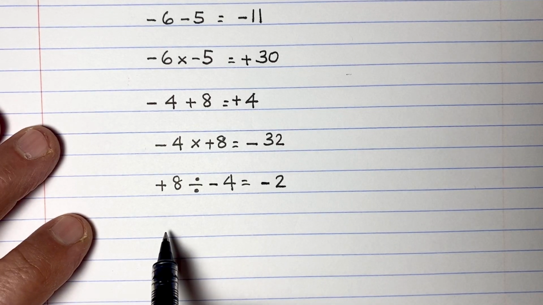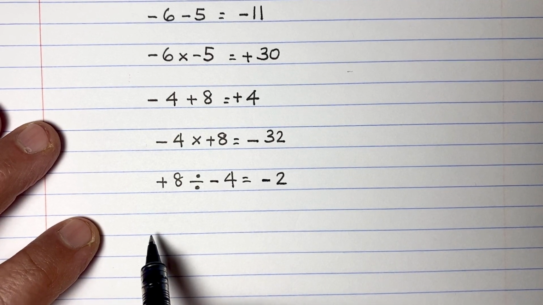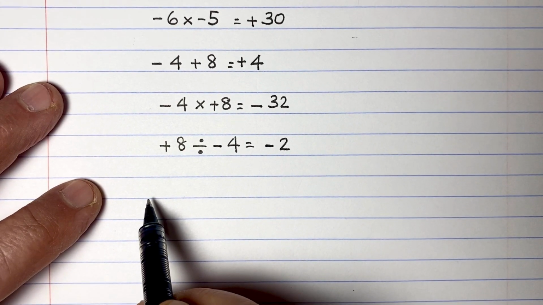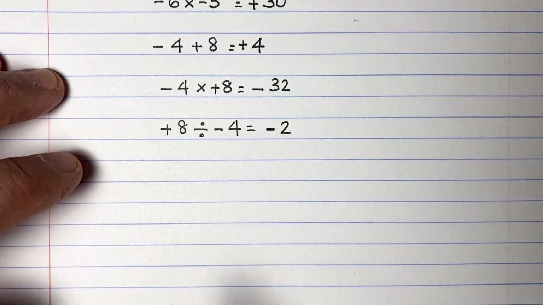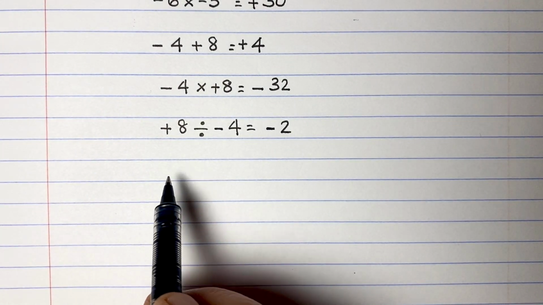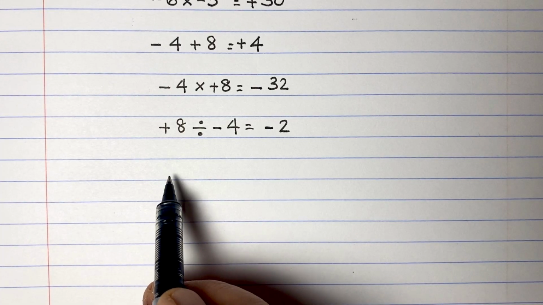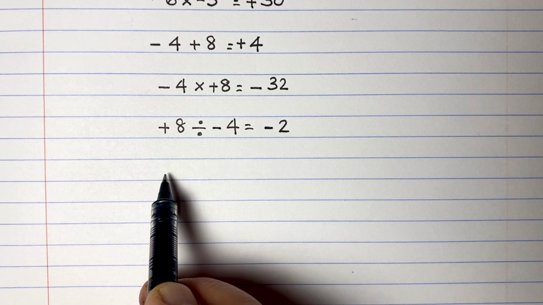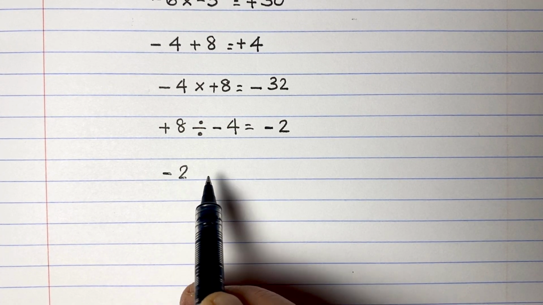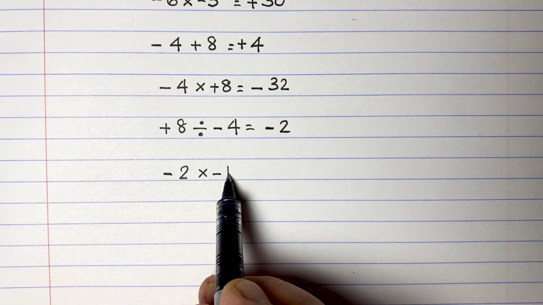Okay, let's do a few examples just to see if I can clear any difficulty with this topic. So we have minus 2 times minus 10.